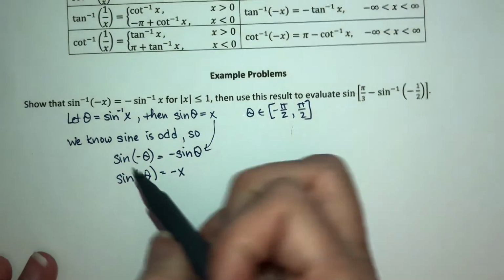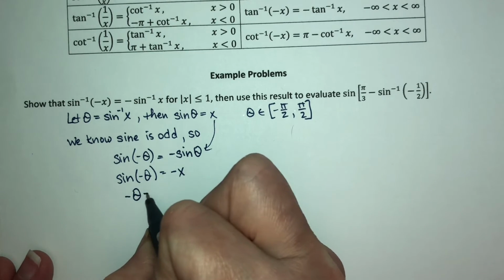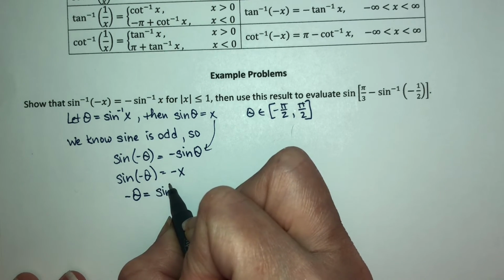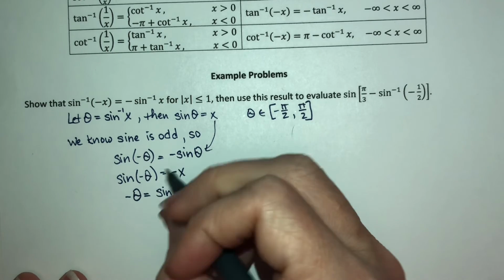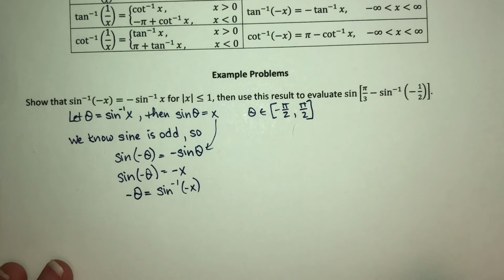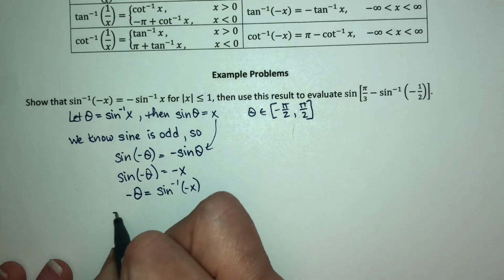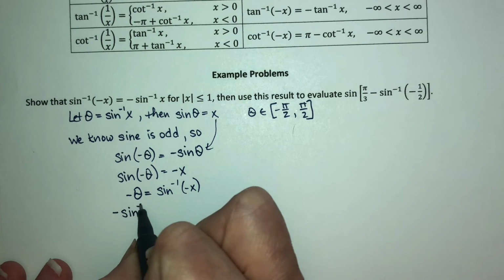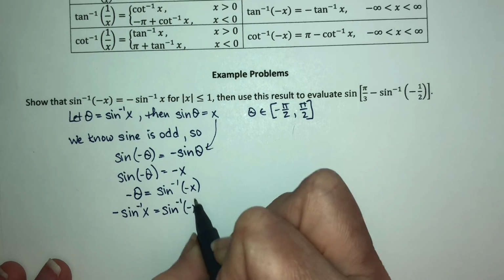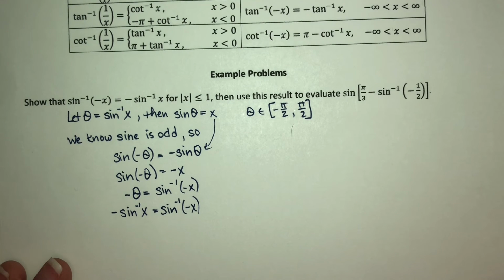Now using the definition of inverse sine again, this tells me that negative theta is equal to sine inverse of negative x. And what is theta equal to? Sine inverse of x. And that's exactly what we were asked to show, that inverse sine is an odd function.